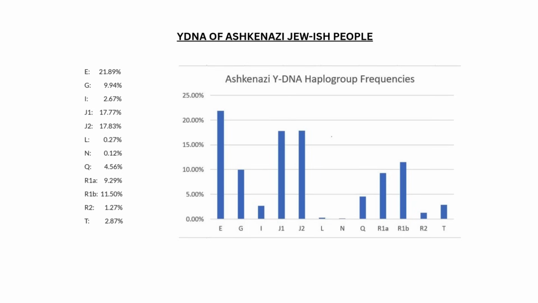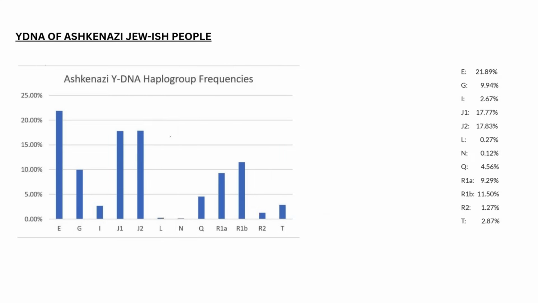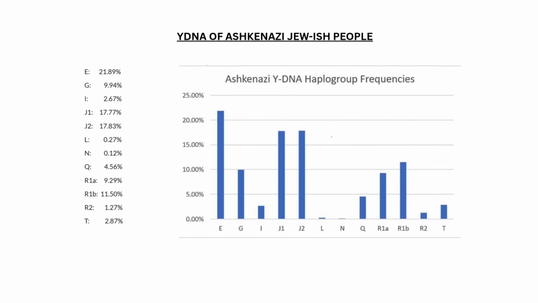And if you have multiple haplogroups present, it means that you don't share a common paternal ancestor. The E that you see here isn't E1B1A, at least most of it isn't. Most of it is E1B1B, which is a different DNA profile than that of Israelites. You see a lot of J1 and J2. J1 and J2, those are Persians and Babylonians.